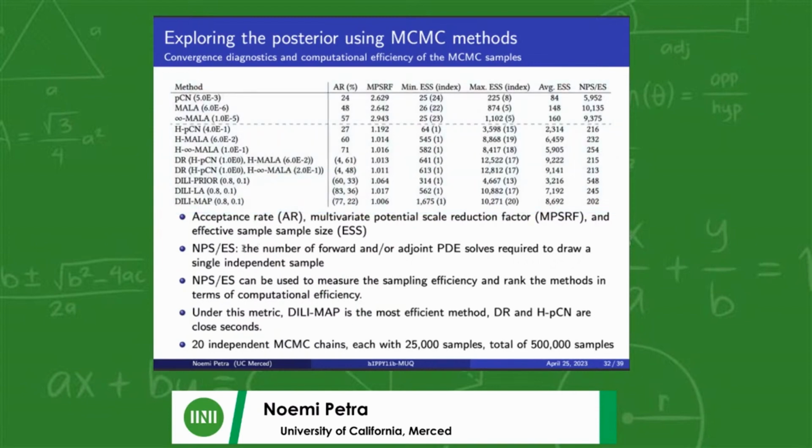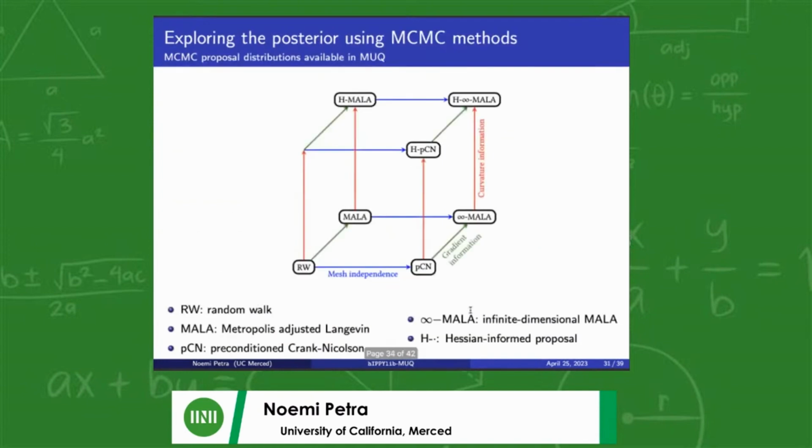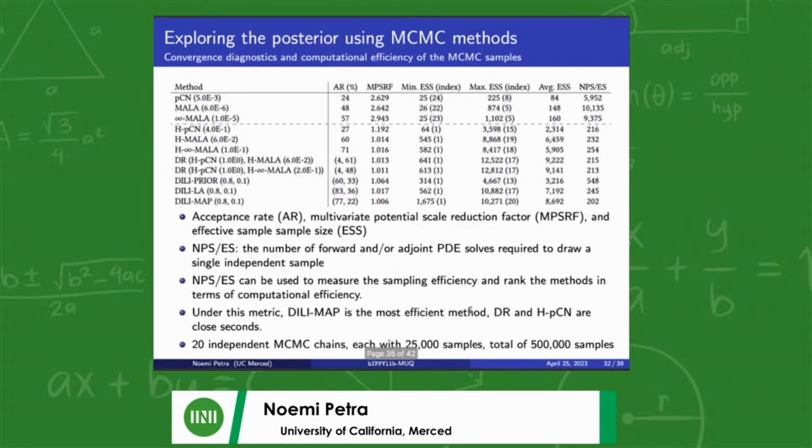That's basically our currency, because we want to track the number of PDE solves that are needed to converge. Okay, under this metric, it seems that DILI MAP is the most efficient method.